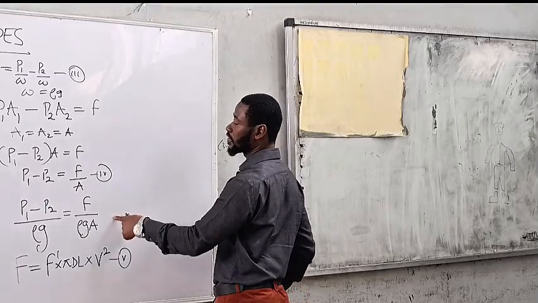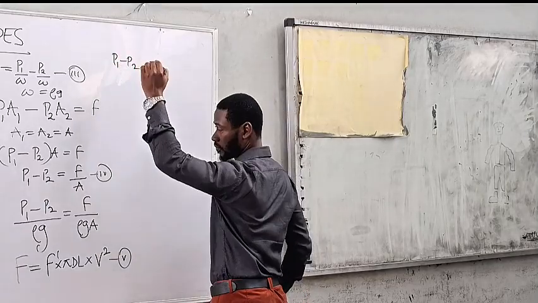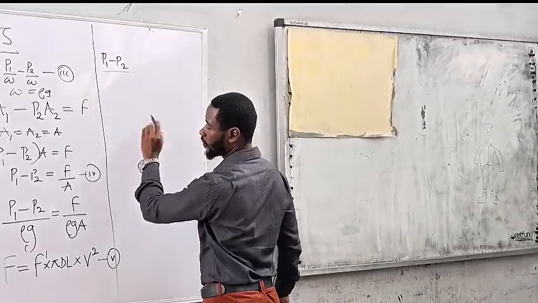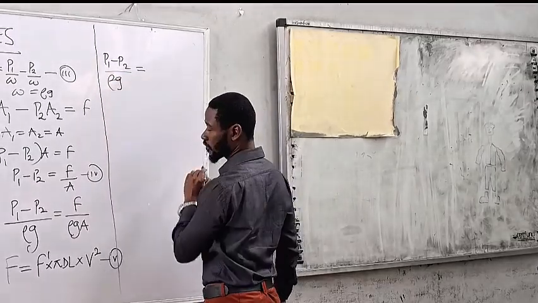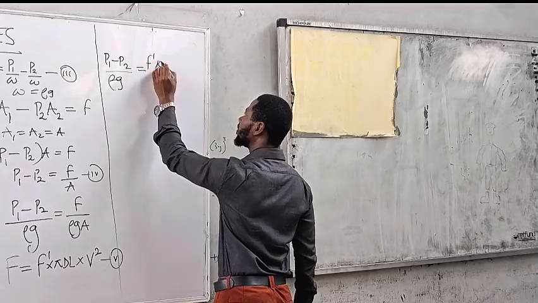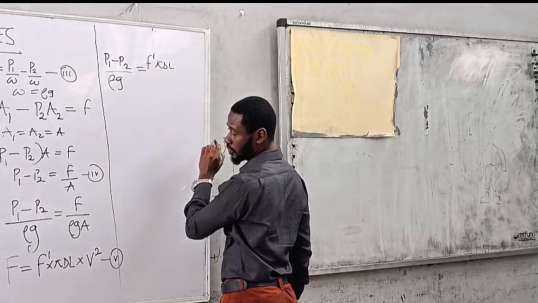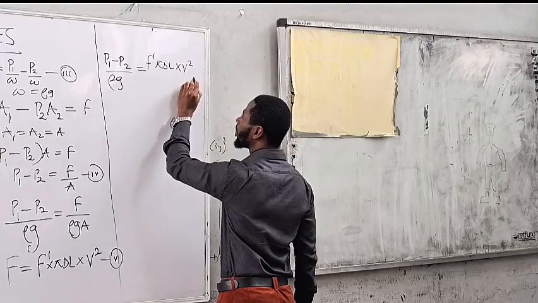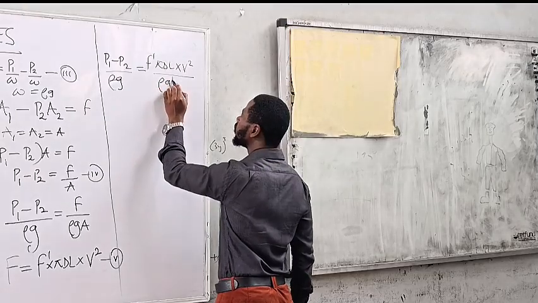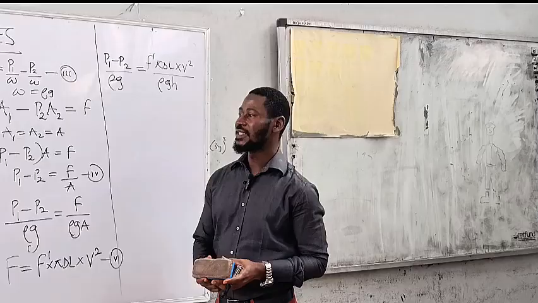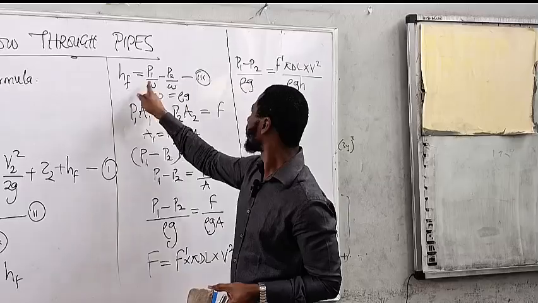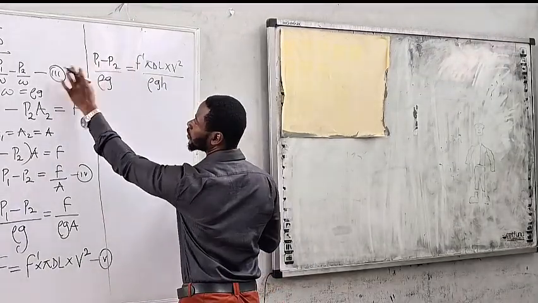So we have P1 minus P2 divided by rho G equals F prime pi D L multiplied by V square divided by rho G. Note that we have already defined this term as equation 3, so you can change it back to equation 3.